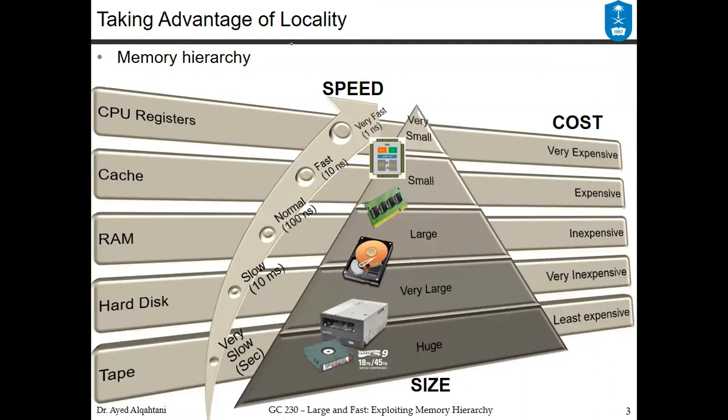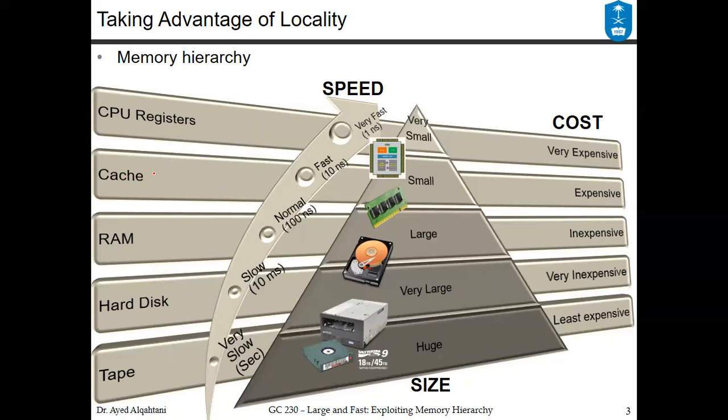By taking advantage of locality, we are introducing the memory hierarchy. The main types of storage start closer to the CPU, or actually part of the CPU. We have the registers, and after that we have the caches.